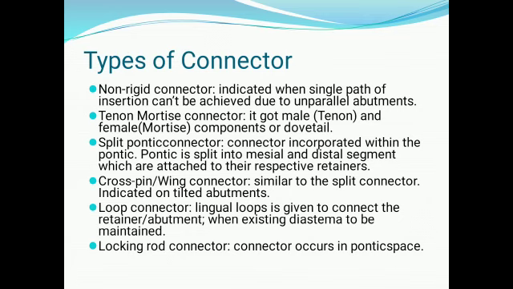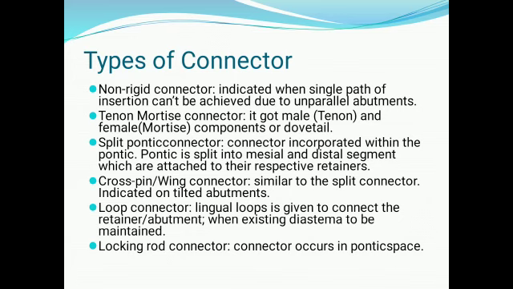Non-rigid connector is indicated when a single path of insertion cannot be achieved due to non-parallel abutments. Split pontic connector is incorporated in the pontic. The pontic is split into mesial and distal segments which are attached to their respective retainers. Cross pin wing connector is similar to the split connector, indicated only for tilted abutments.